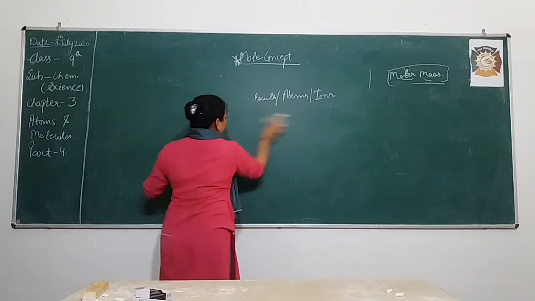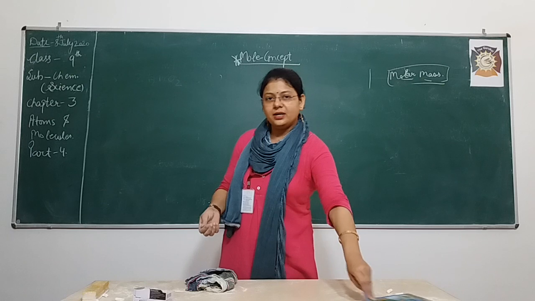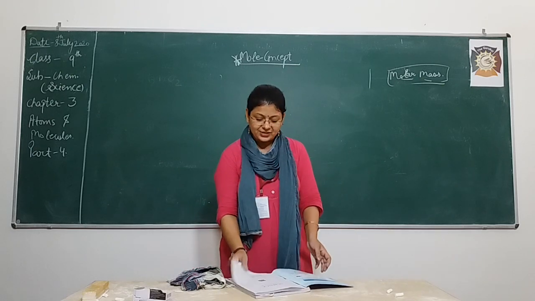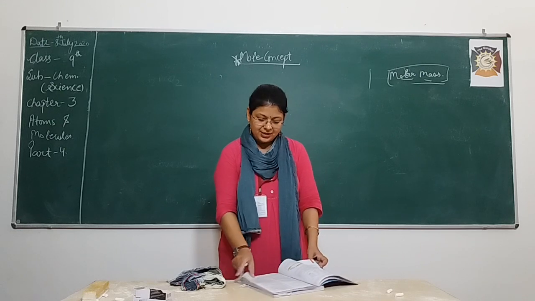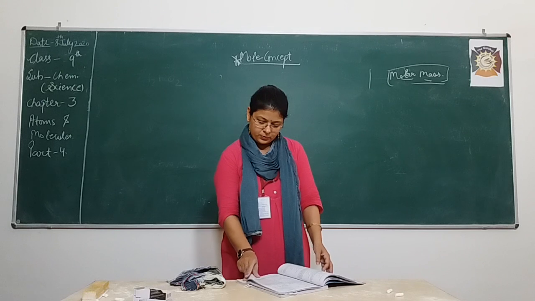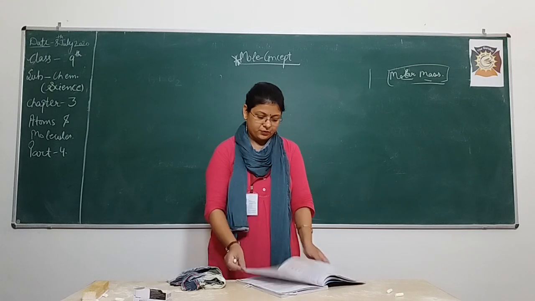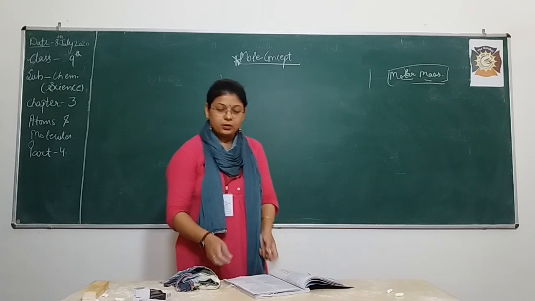Mainly 2 or 3 types of numericals are there in your book. So starting from the very first numerical, that is on page number 41.